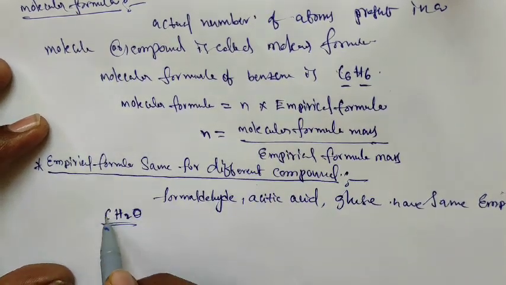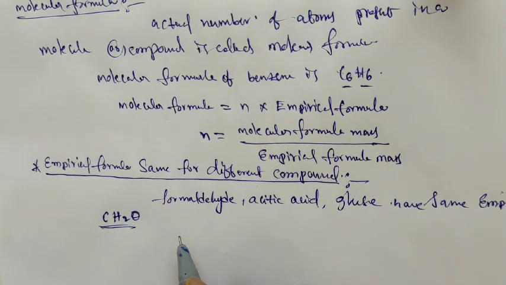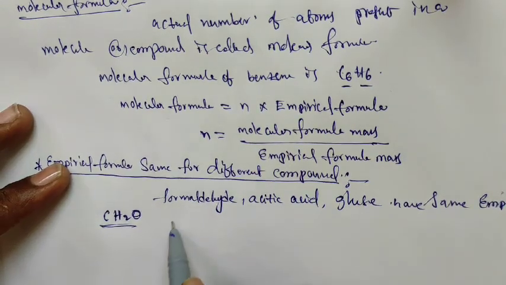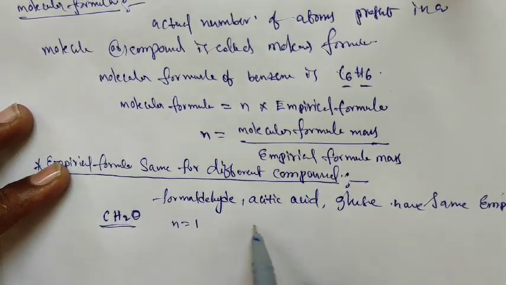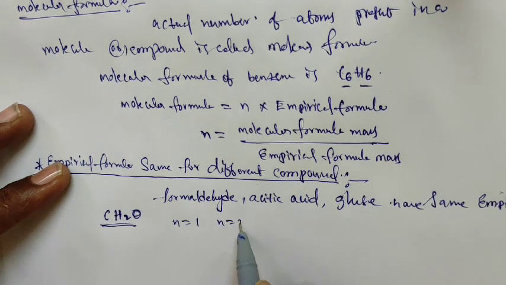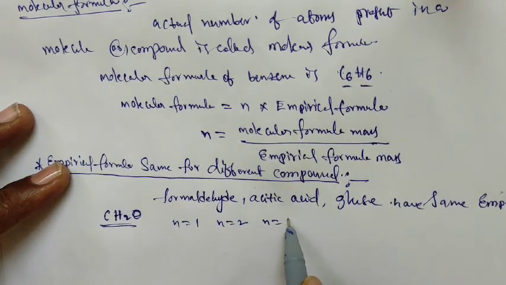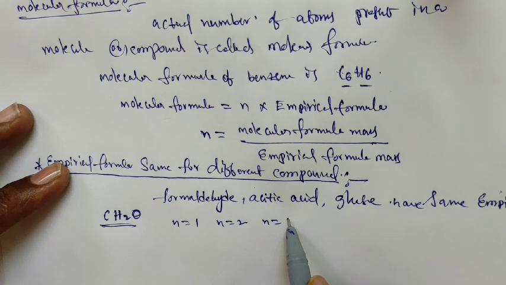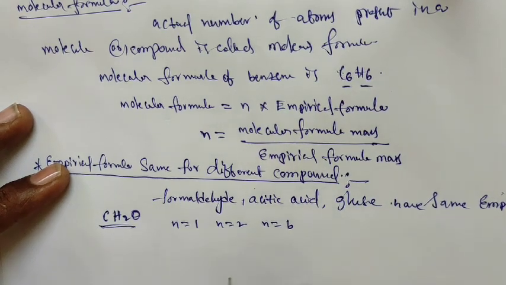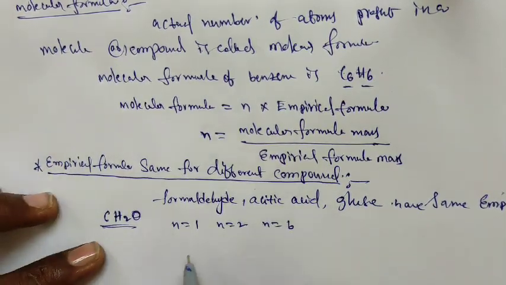N is equal to 1 for formaldehyde, N equal to 2 for acetic acid, N equal to 6 for glucose.